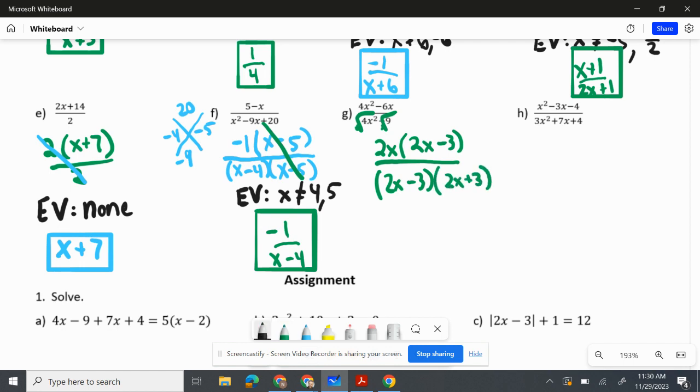When I state my excluded values, I'm going to be a little lazy and just put x cannot equal plus or minus 3/2. So there's the 3 and there's the half. I see that they both have a 2x minus 3 in common, so that gives me 2x over 2x plus 3.